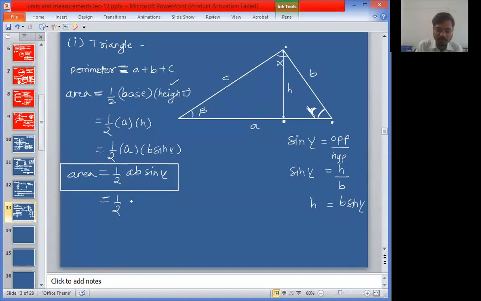A into C multiplied by sine of the angle between them. What is the angle between them? Beta. Say yes or no in the chat box. Just like 1/2 AB sin gamma, can I say 1/2 AC sin beta? A into C into sin beta.